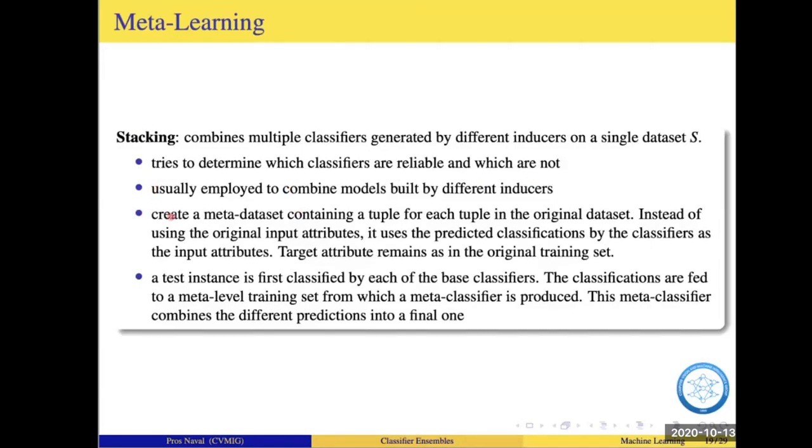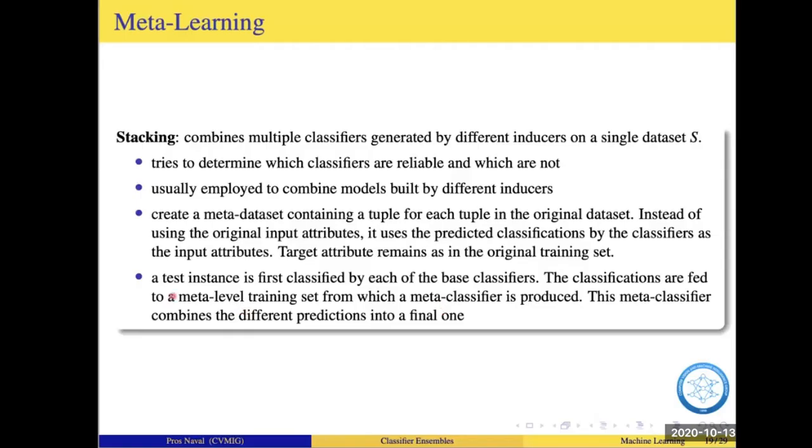This is usually employed to combine models built by different inducers, and also aims to create a metadata set containing a tuple for each tuple in the original data set. But instead of using the original input attributes, it uses a predicted classification by the classifiers as the input attributes. And the target attribute remains as in the original training set.